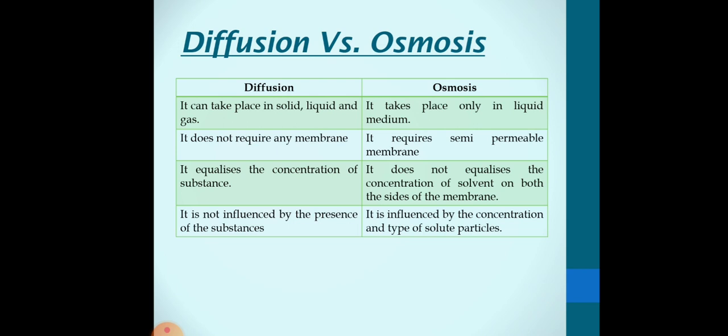That means diffusion will take place until an equilibrium is reached, whereas osmosis does not equalize the concentration of solvent on both sides of the membrane. Next, diffusion is not influenced by the presence of substance, whereas osmosis is influenced by the concentration and the types of solute present in it.